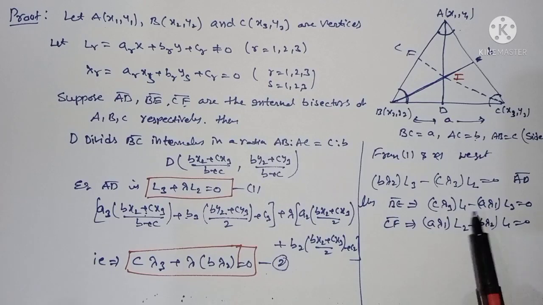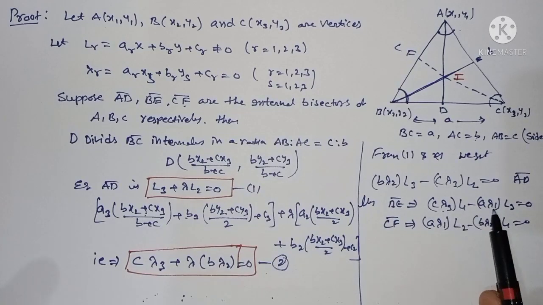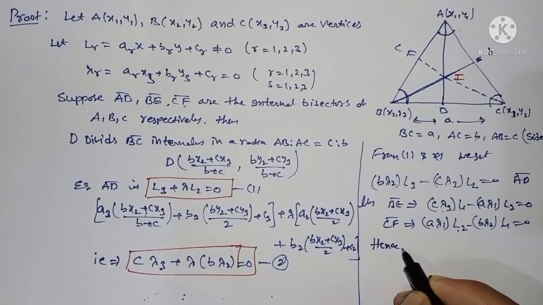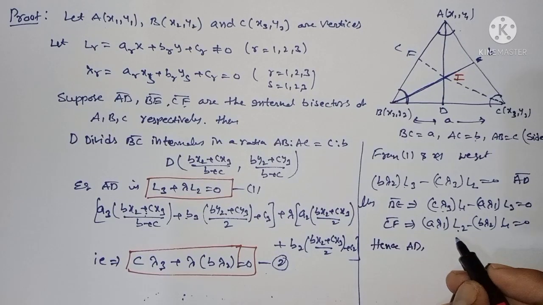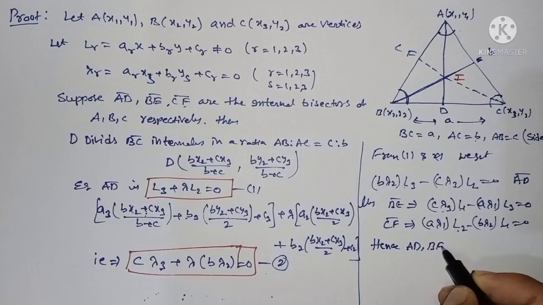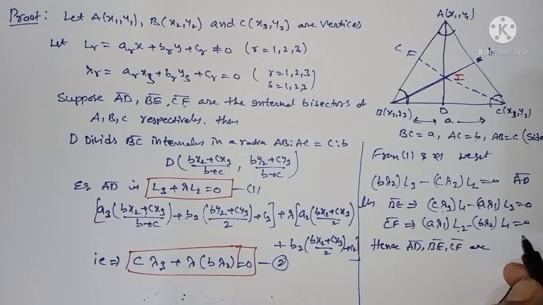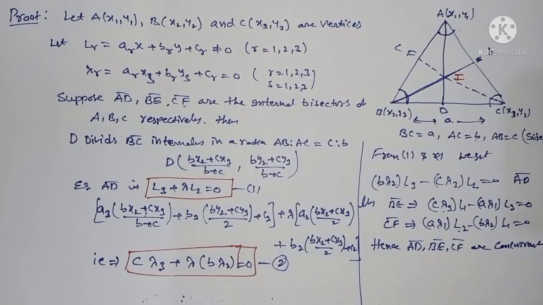These are multiples of L1 and L2, L2 and L3, L1 and L3. Therefore, AD, BE, CF are concurrent, since any constant multiple like c lambda, b lambda 1 is allowed.